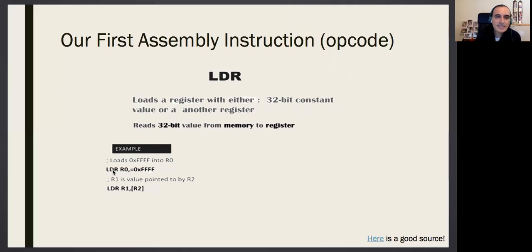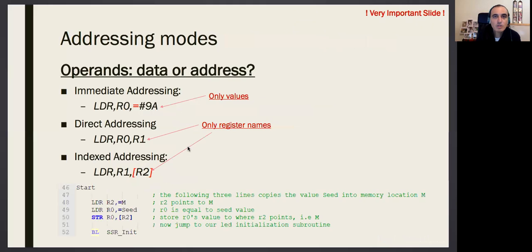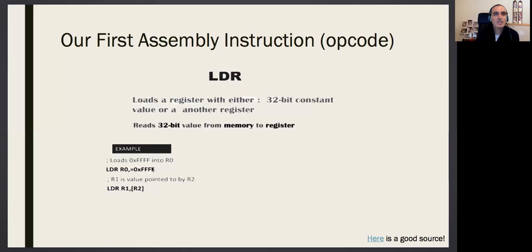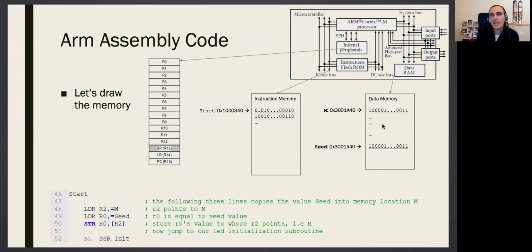For example, this line, LDR R0, =0xFFF, puts this value into the R0 register. As you can see, this is a value I didn't read from anywhere in my microprocessor. I defined it. I told the microprocessor, okay, there's a value, FFF, a number in base 16, hexadecimal. Write it to R0. It automatically does it.